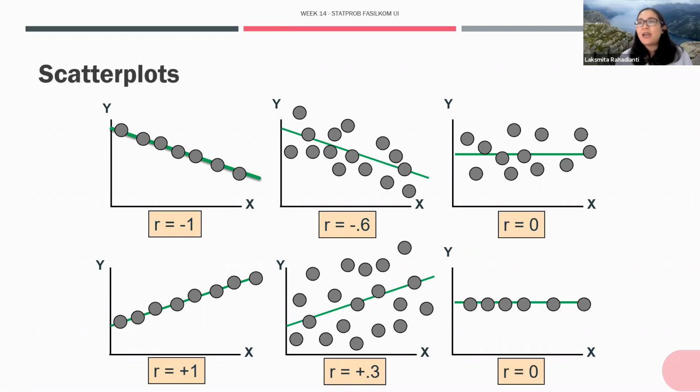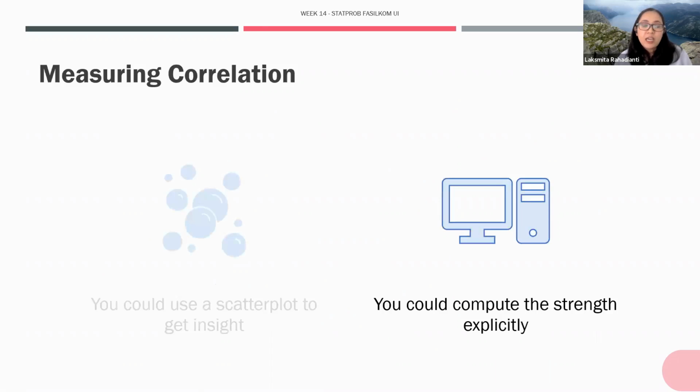From these scatter plots, you can infer a lot of things, maybe linearity, maybe how strong the correlation is. You wouldn't be able to get the exact score, but you can get an idea. And as you guys have already mentioned, if I want to know the exact score, then I need to compute the strength using either Pearson R or Spearman Rho.